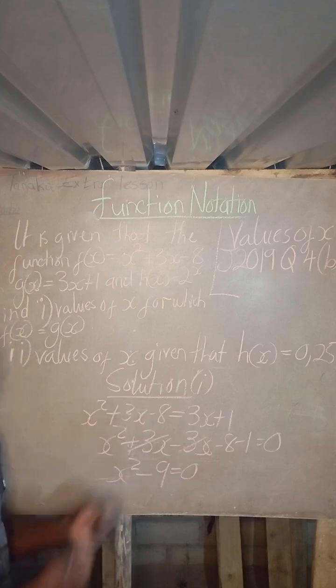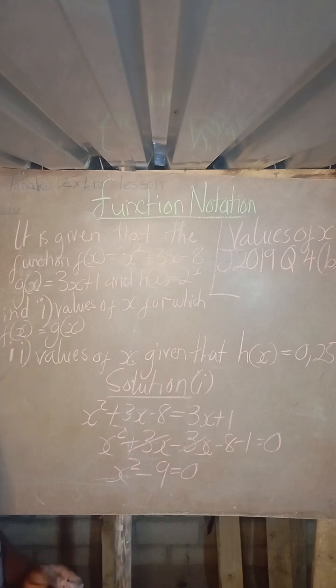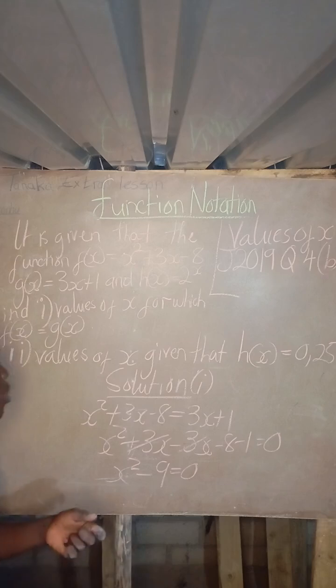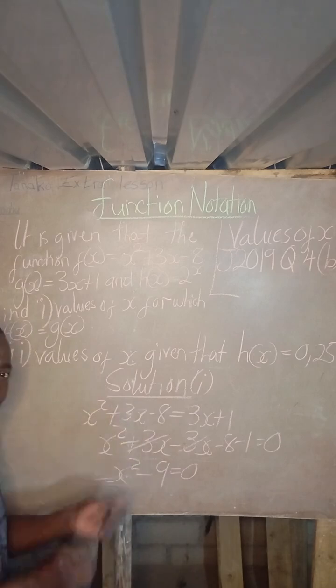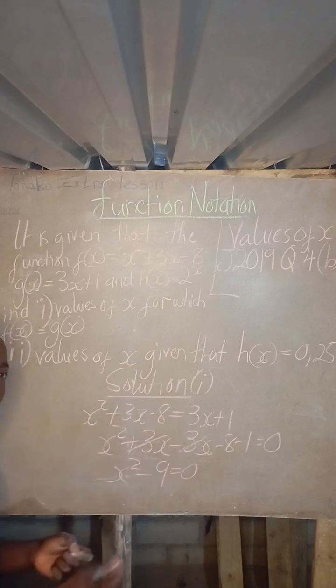So that's why I said what I am saying is important in life. If you do not understand function notation, write these things down. Let us go step by step. That's how we do it. That's why we are able to understand. We move step by step. I have explained it here, you write a few notes and then you understand some things. Some of the things that I'm saying, you must write them down.